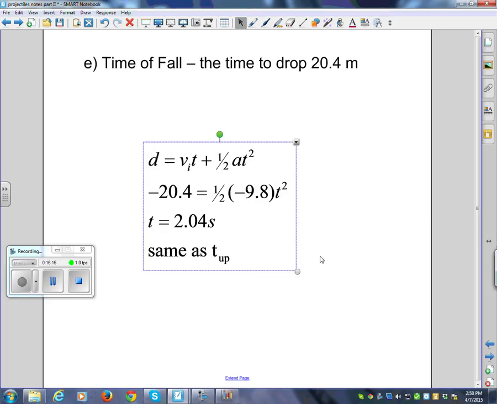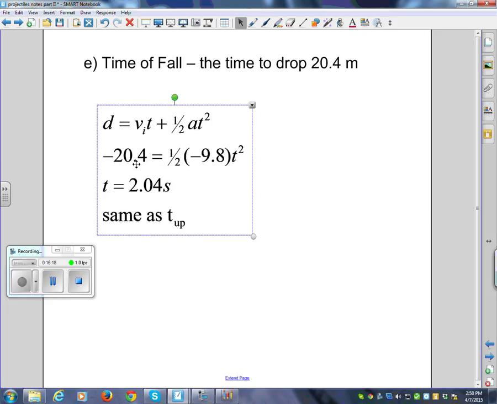So let's just see here. D minus 20.4, falling. The initial velocity in the fall interval is 0. The initial vertical velocity is 0, plus 1/2 AT squared.